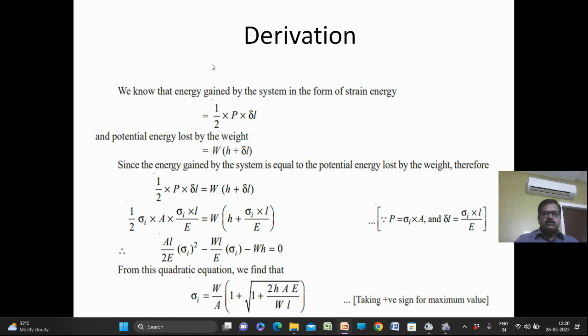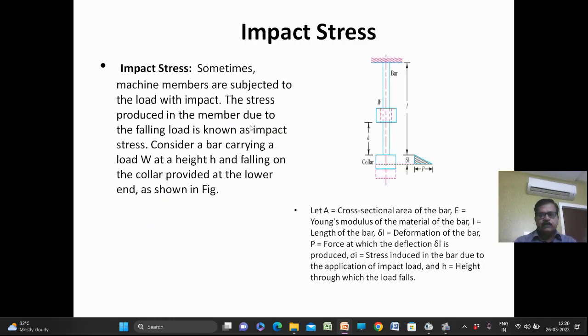Here the equivalent load P is making the body deflect by a deformation delta L. Then the energy stored in the body is equal to half P into delta L. Here you can see on the x-axis you have the equivalent load P and on the y-axis you have delta L. The area of this triangle is the energy stored in the bar.